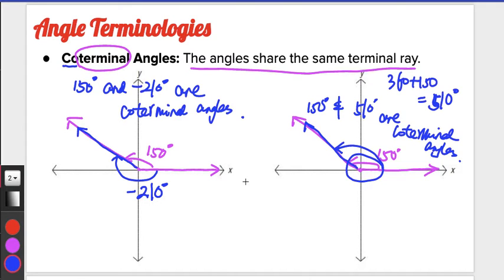One thing I want to remind you is that coterminal angles are just angles that share the same terminal ray. You can rotate 2 circles, 3 circles, as you wish, but this tells us coterminal angles have infinitely many answers. You can keep rotating to get the same terminal ray, but they are all the same idea. So that's the idea for coterminal angles.